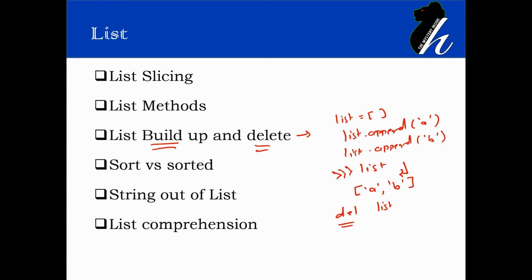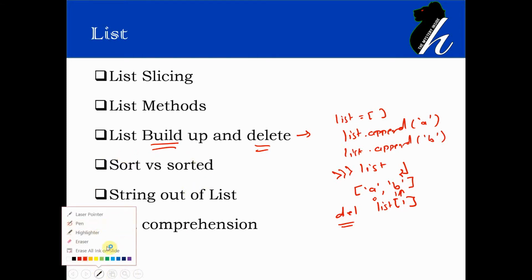For example, let's say del list of 1. So it is only going to remove the 0th and first element. So delete can be used to delete the entire list, as well as the elements within the list. So this is the way you can build up and delete the list.